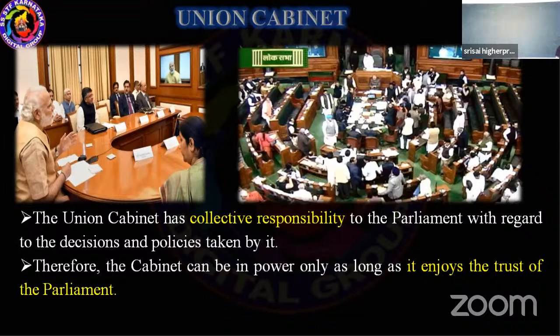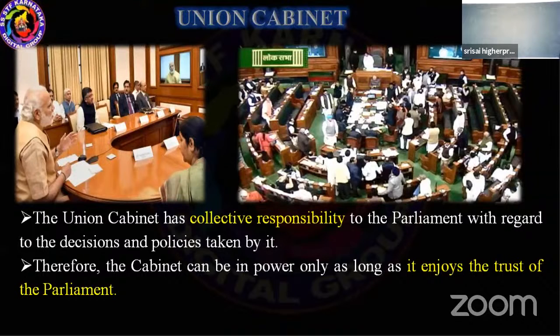Just as the prime minister can enjoy all powers with the trust of the parliament, the entire cabinet ministers could also enjoy the power with the trust of the parliament.